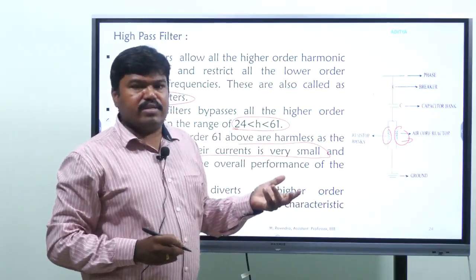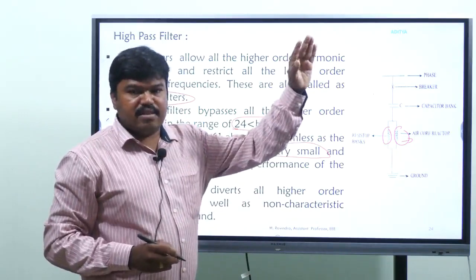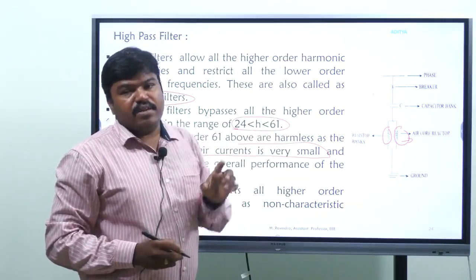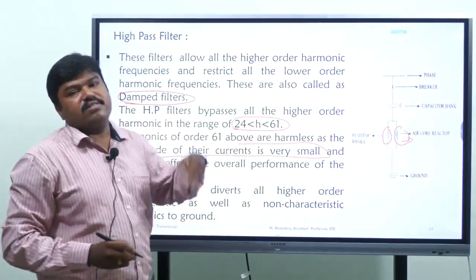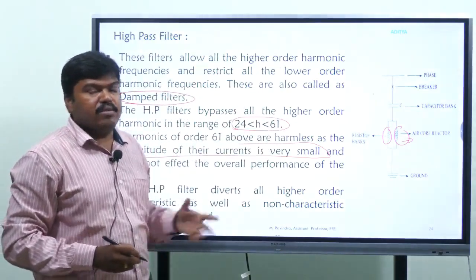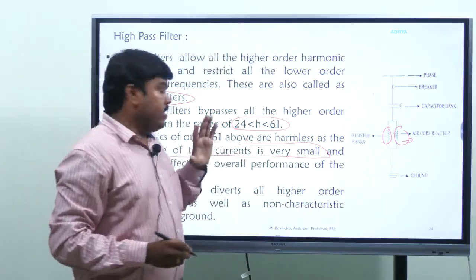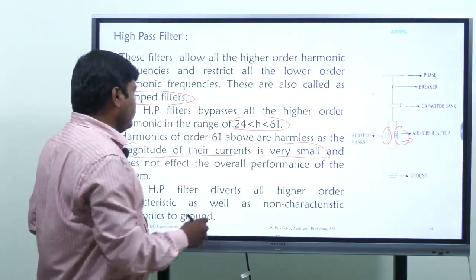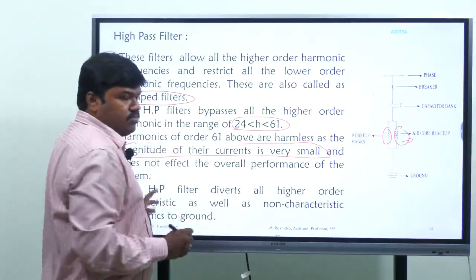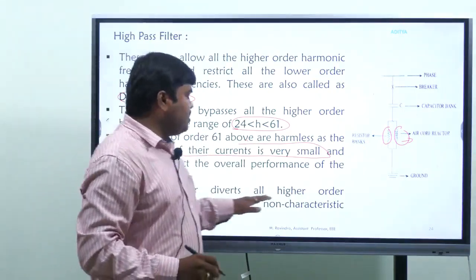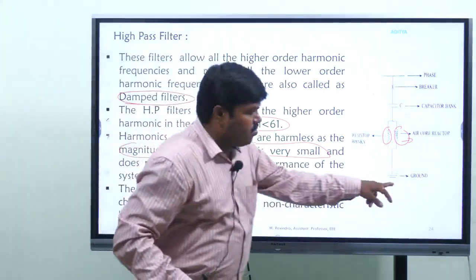As the order of harmonic content increases, the severity of the harmonics decreases. So why would we need any filter there? It does not affect the overall performance of the system.